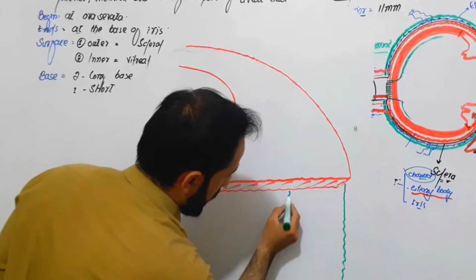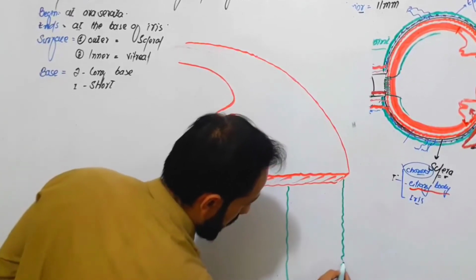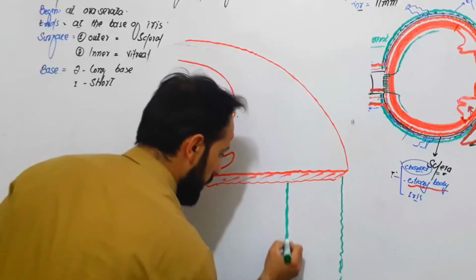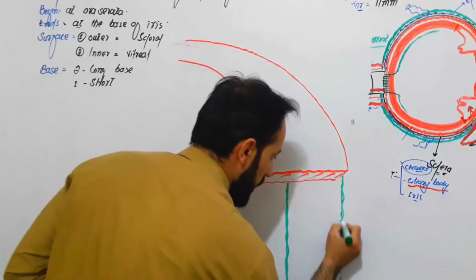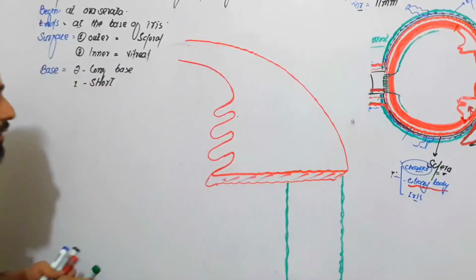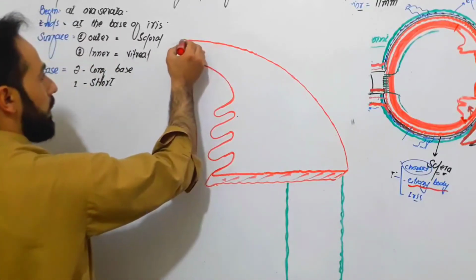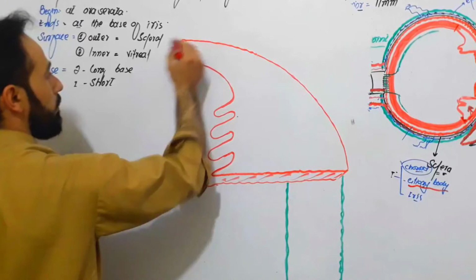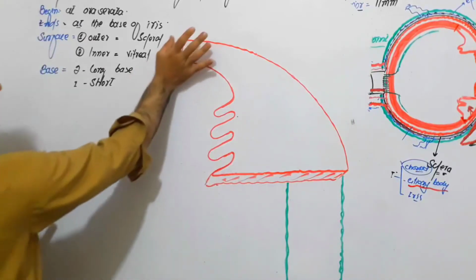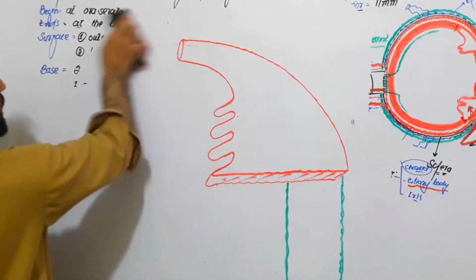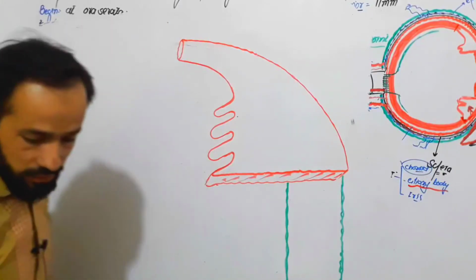So this is our iris. Done. We will see the structure and the detail of the iris in coming lectures. Okay friends, look carefully. Here is your iris, a ciliary body. Now look, behind this ciliary body, posterior to it, what is there?